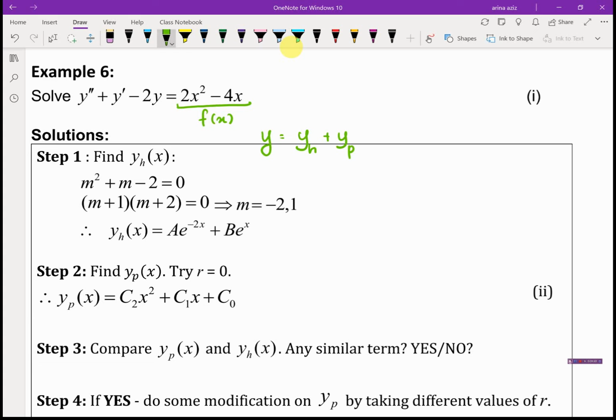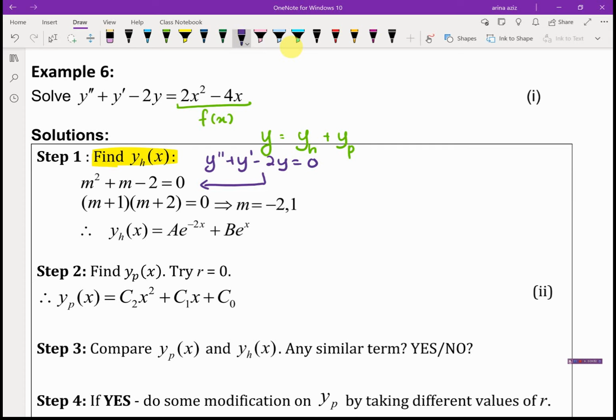So first of all, find what y homogeneous is. Remember, this y homogeneous comes from f(x) equal to 0. So basically we will have a differential equation like this, which later we can reduce to a characteristic equation: m squared plus m minus 2 equal to 0.